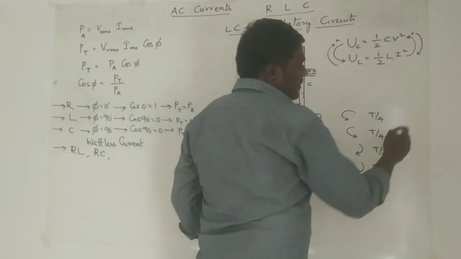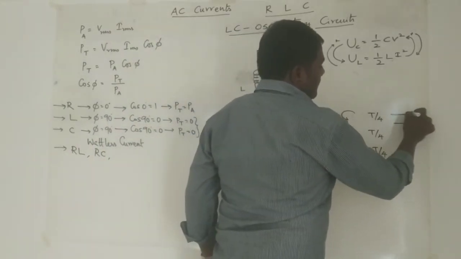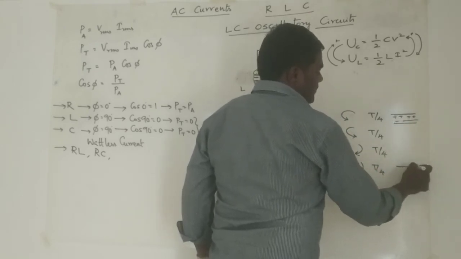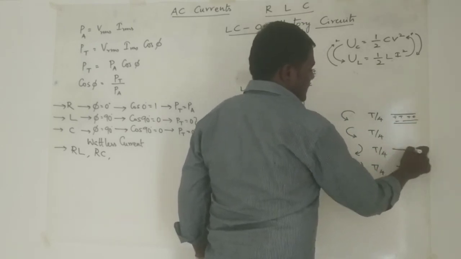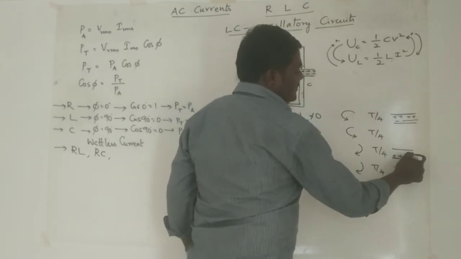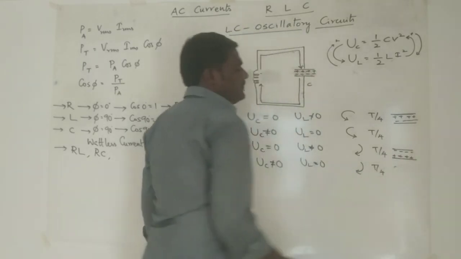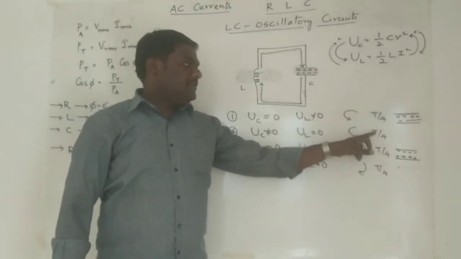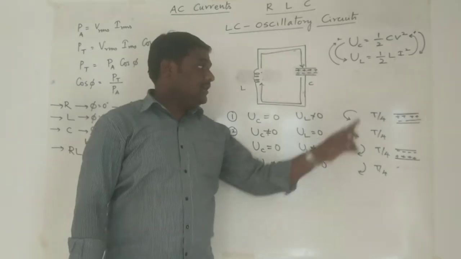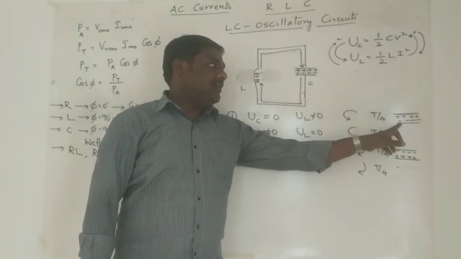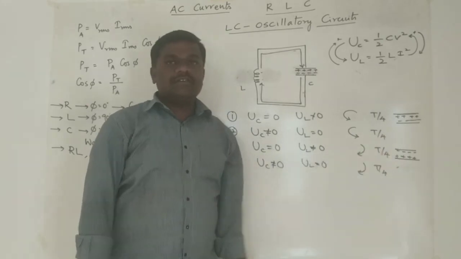So here, the capacitor upper plate was positive at this moment. But here, if you see, the capacitor down plate will become positive. So T/4 plus T/4, T/2, means for half of the time period, the polarity of the plates gets reversed.